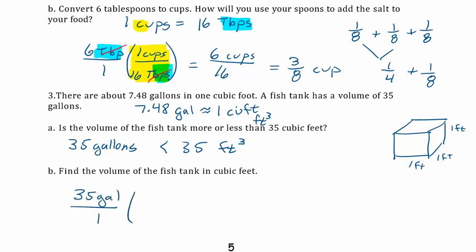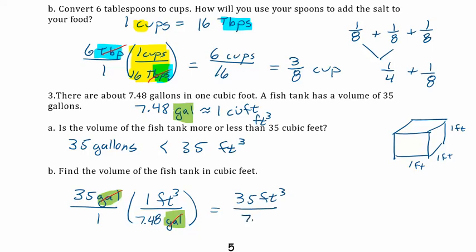So we're going to put our 35 gallons over 1. We're going to use our conversion factor. Let's see, I've got gallons in the numerator, so I want to put gallons in the denominator. Therefore, we'll have 7.48 gallons and then 1 cubic foot. Gallons are going to cancel out, so we are left with 35 cubic feet over 7.48, no more gallons.